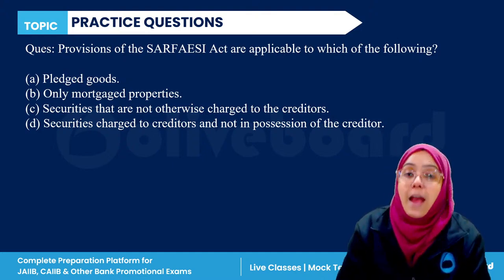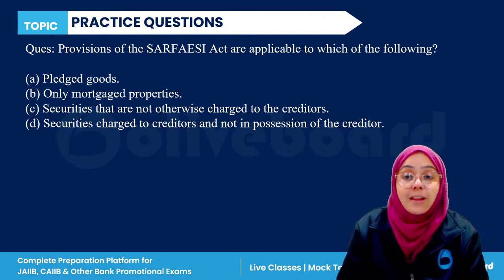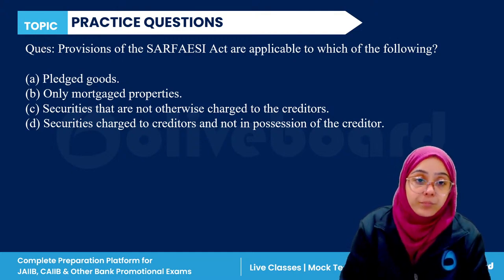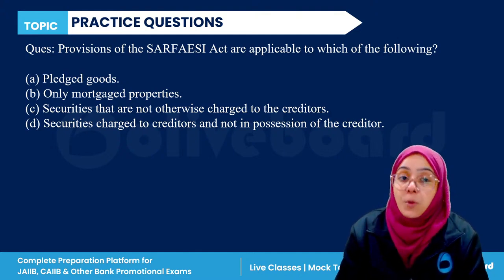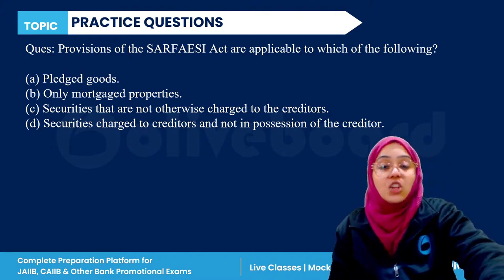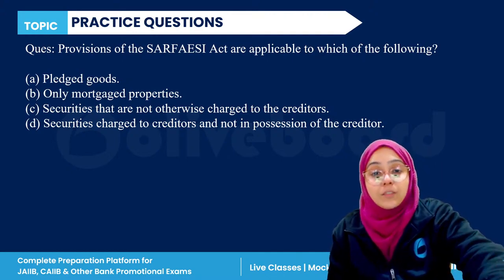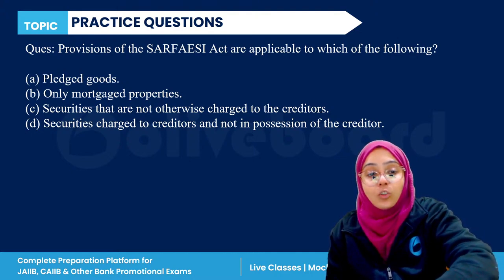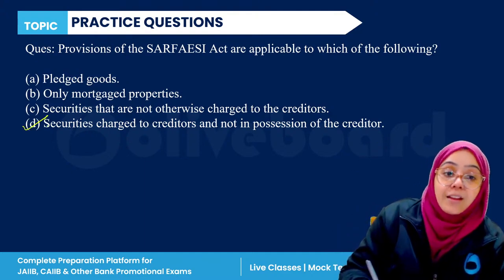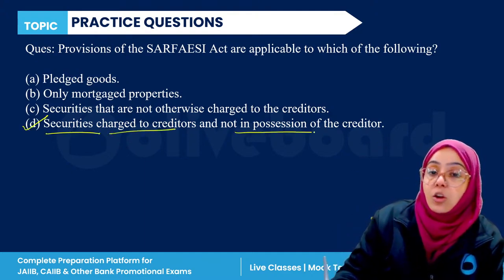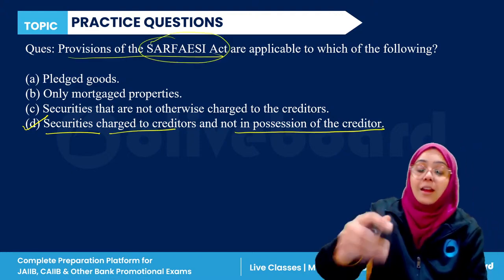Everyone, please answer this question. Yes, D is the correct answer. The securities which are charged to the creditor but are not in the possession of the creditor. For this, there is a provision of the SARFAESI Act, right? So the correct answer is D.